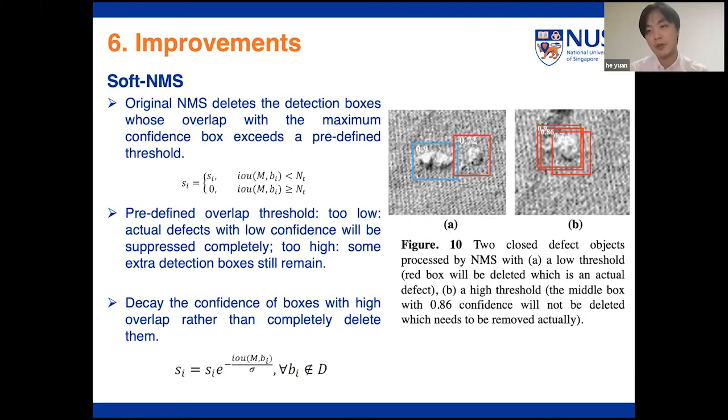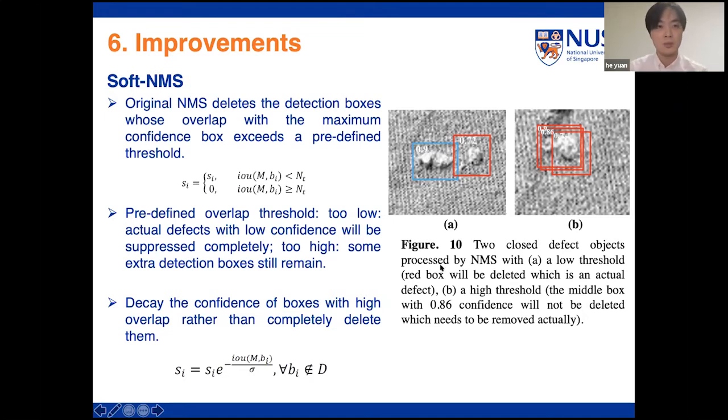If we use fixed NMS, if the covered area is larger than this value, it will delete this anchor. But we cannot see this in this image. In this image, I don't know how to determine the value to delete this anchor or delete this entry.